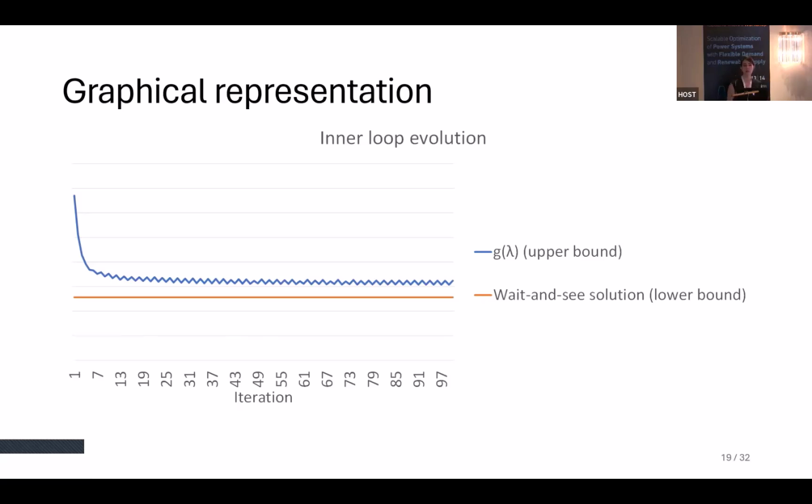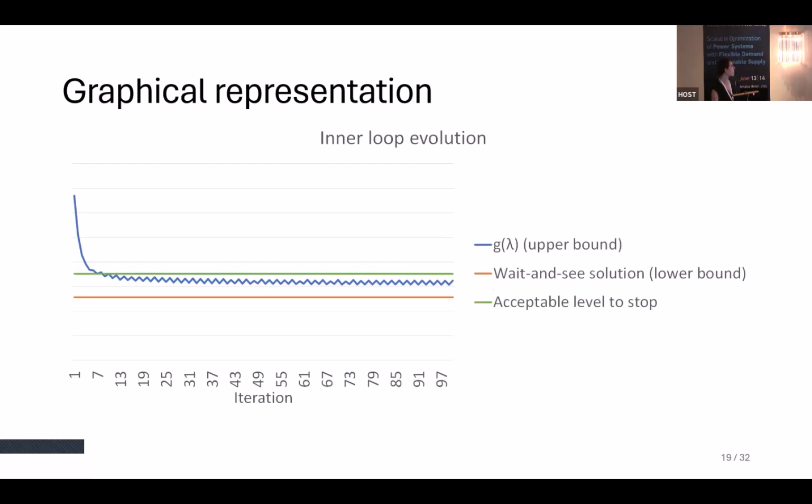We empirically observed, by making tests with the model at smaller scales, where we could actually calculate the exact solution of G of lambda, that if we stop earlier here, for example, this introduces an error, but the error is really, really small, and we were very close. The difference of stopping here with the actual G of lambda in our test was of the order of 0.01%. So we are tackling this by ending a little bit earlier.